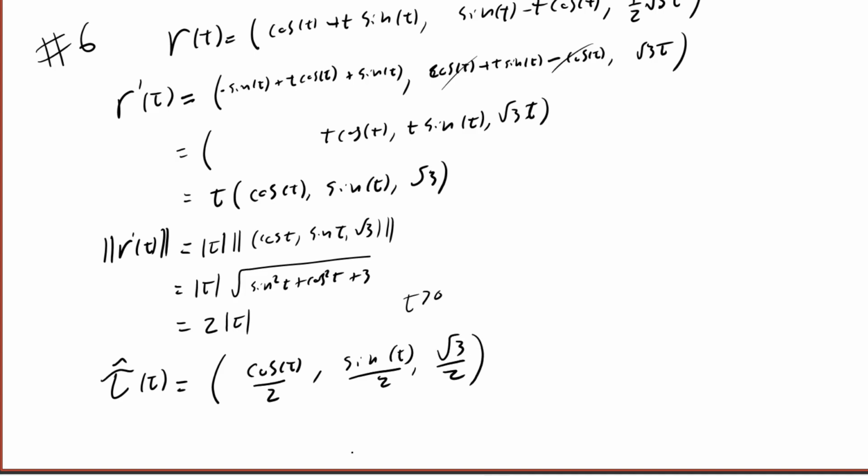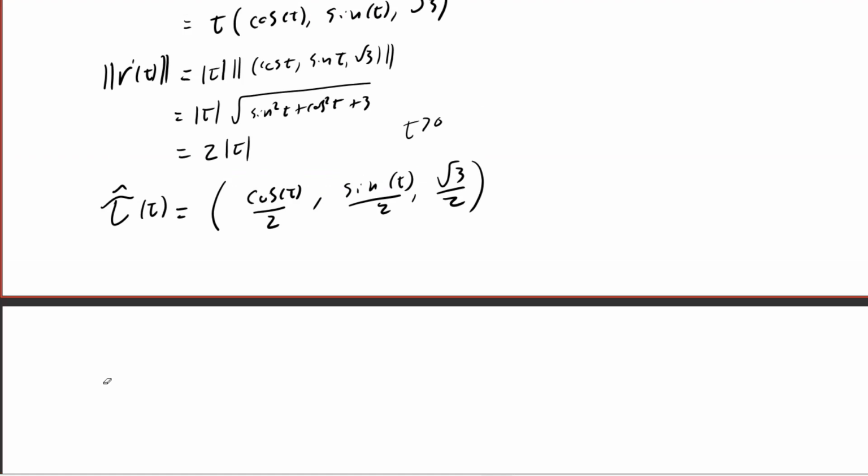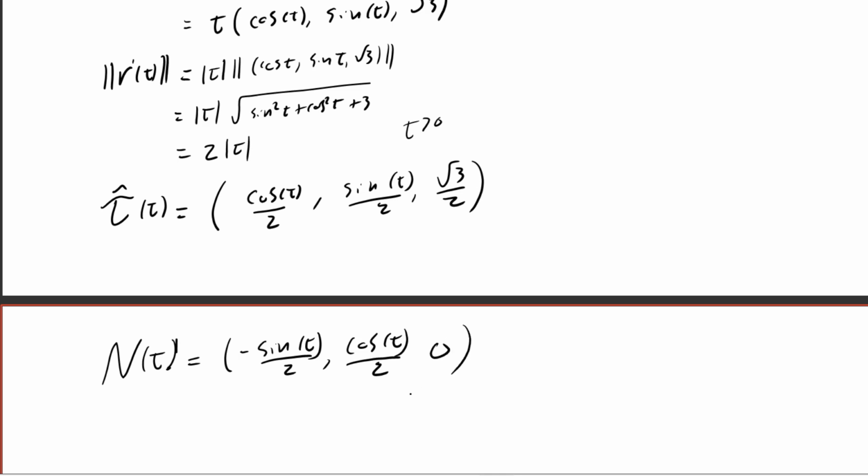Okay, that's a lot easier to take the derivative of, because now when I take the derivative to get the normal, it's going to be a lot easier. So now the principal normal: derivative of cosine is negative sine, derivative of sine is cosine, and that's going to be 0.